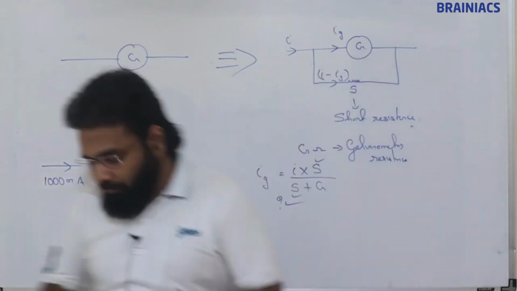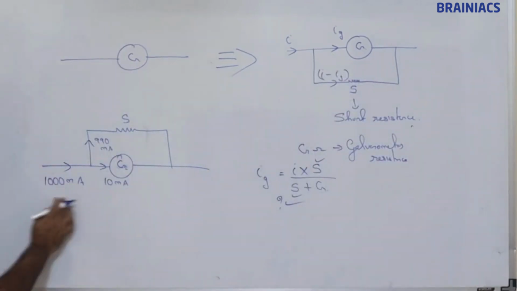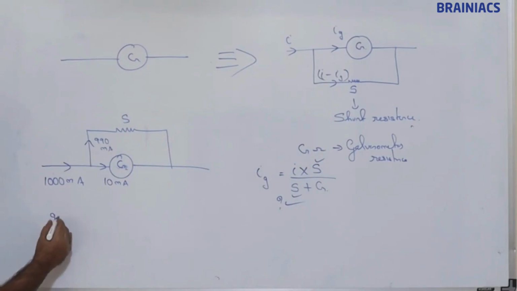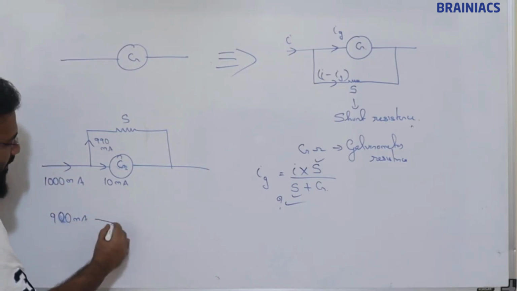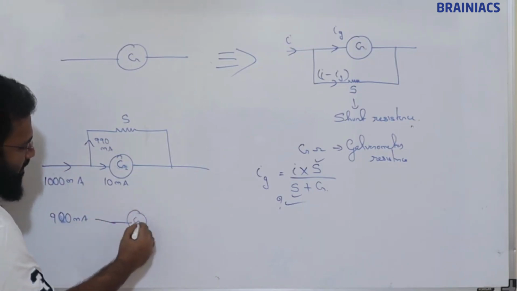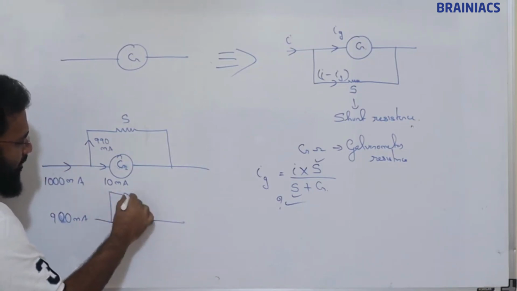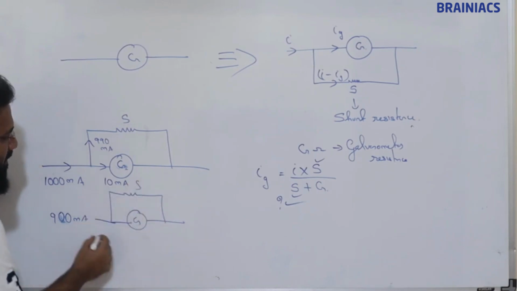Suppose here it is 10 milliampere. Suppose 900 milliampere is passing. This is the galvanometer, this is the shunt resistance.